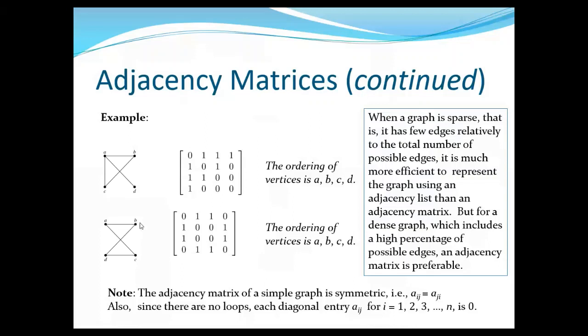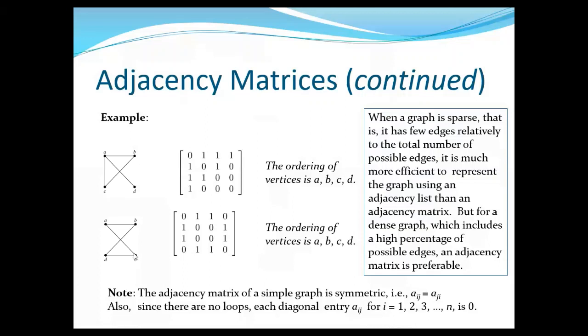A is connected to B and C, that's why this is 1, 1. There's no loop for A, so this is 0, and there's no connection between A and D, so it's 0. For B, it is connected to A, so this is 1.